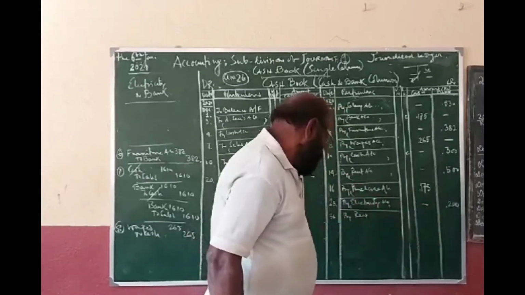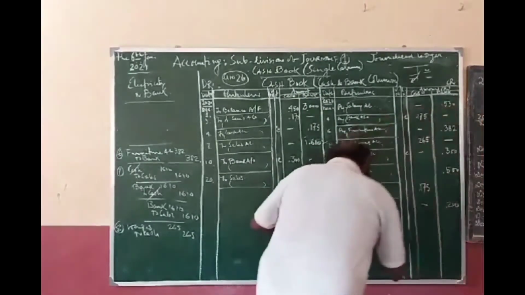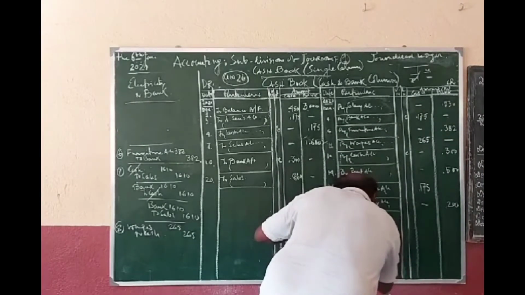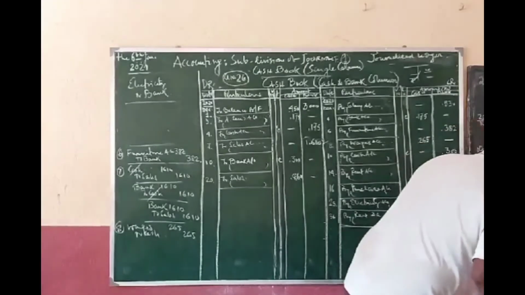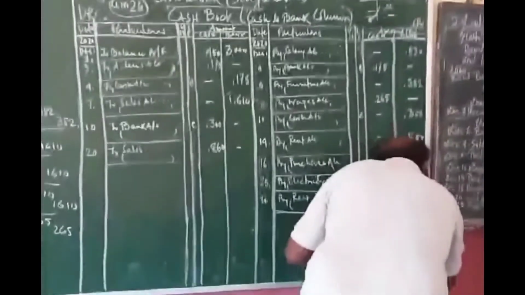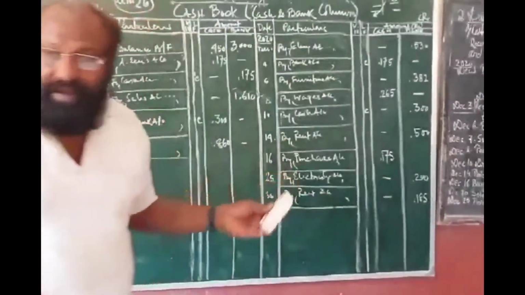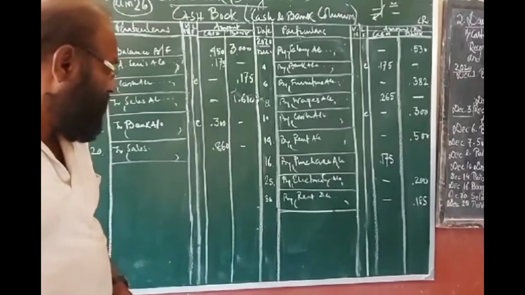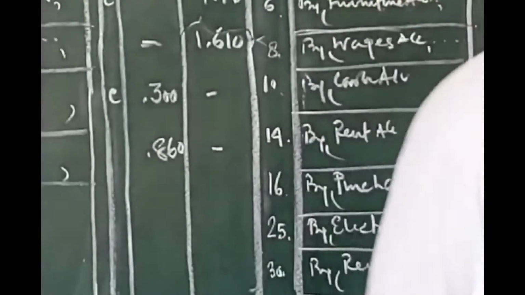Right? Now here, rent. Paid rent by check. Rent account debit to bank, and then being the amount paid by check. How much? 185. Rent is paid two times.